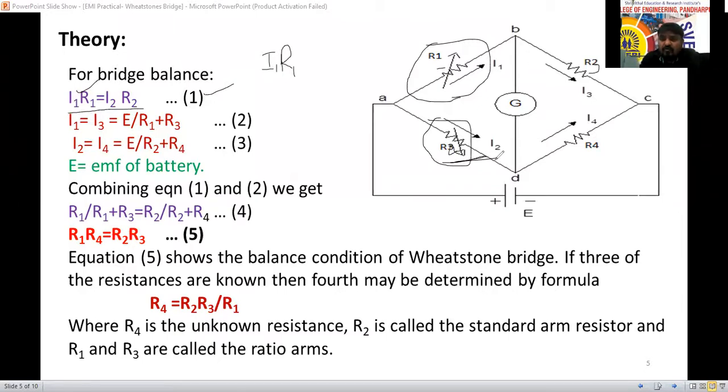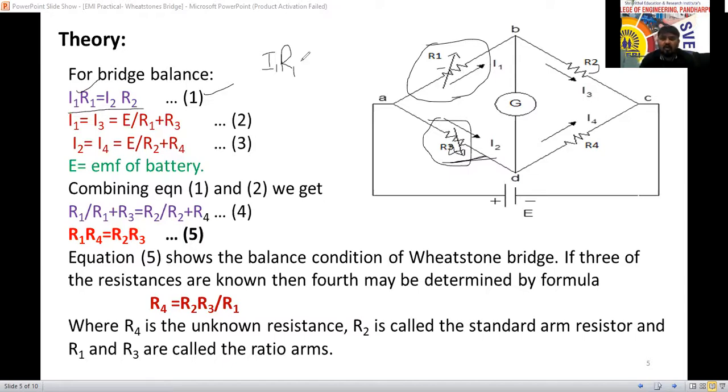I2 equal to I4. So I1 equal to I3 equal to what? What is the total voltage here? This is E. E divided by, if the same current is flowing through R1 and R3, then R1 plus R3 we can write. The total resistance is R1 plus R3 only, no? Yes or no?